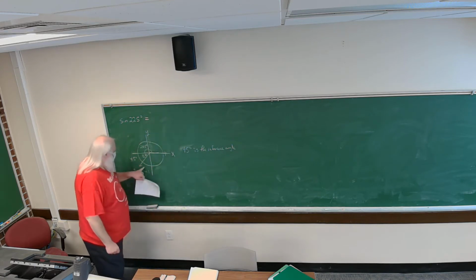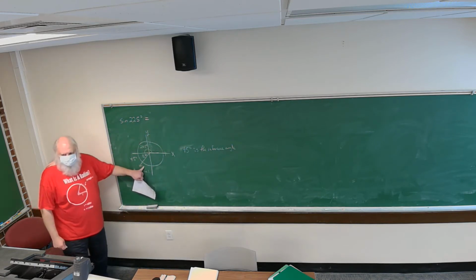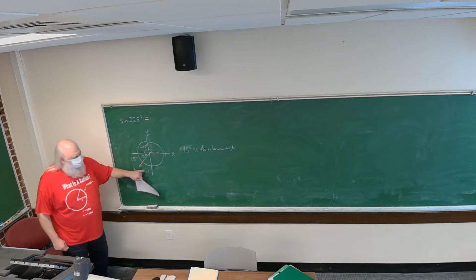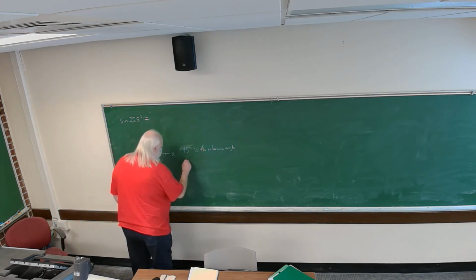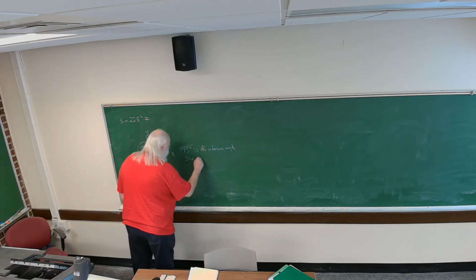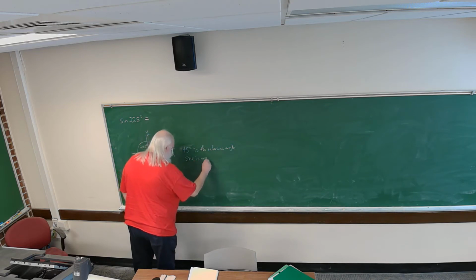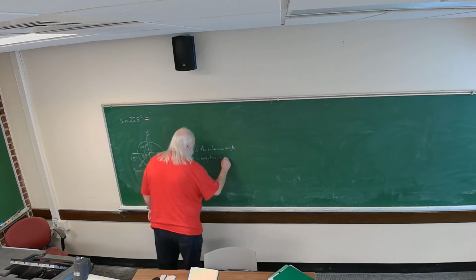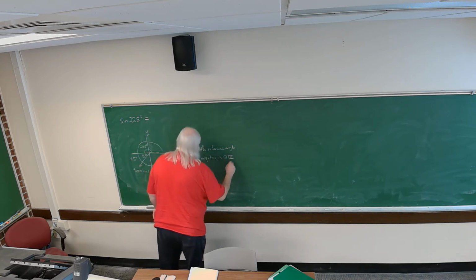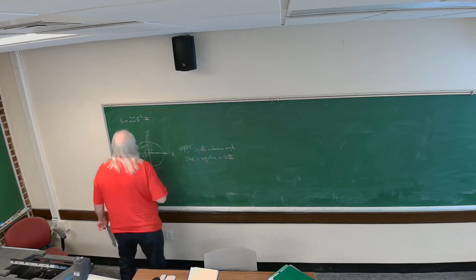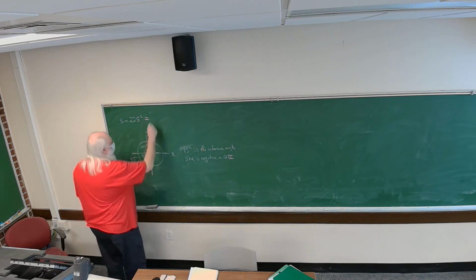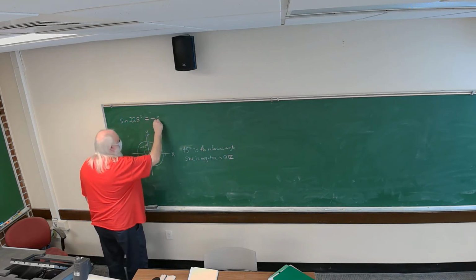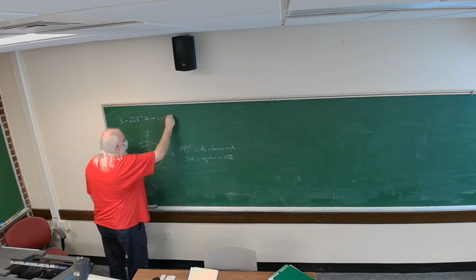And is sine positive or negative in quadrant 3? Negative. So the sine of 225 degrees is going to be the negative of the sine of 45 degrees.